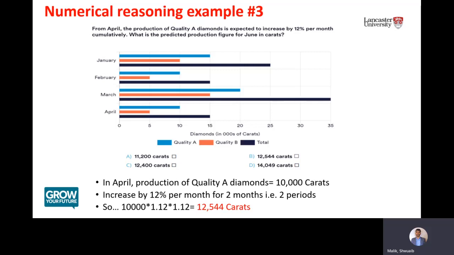If you wanted to increase by 50%, it would be 1.50. It's simply 1 point followed by the number you want to increase by. And because in this case it wanted June, I had to do another round of calculation, another 1.12, to get 12,544 carats.